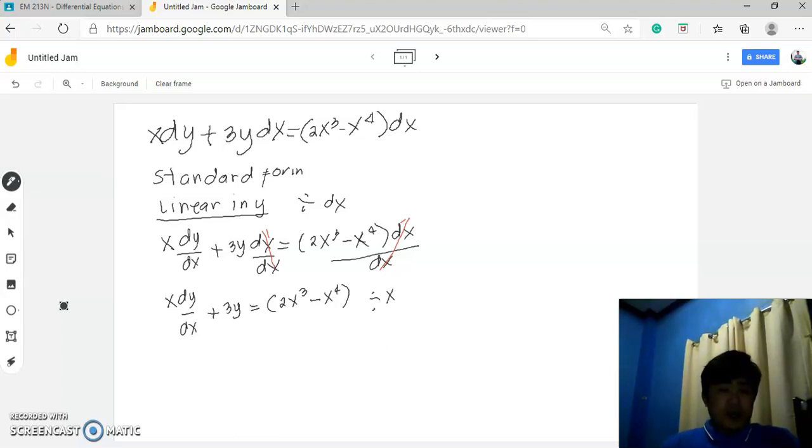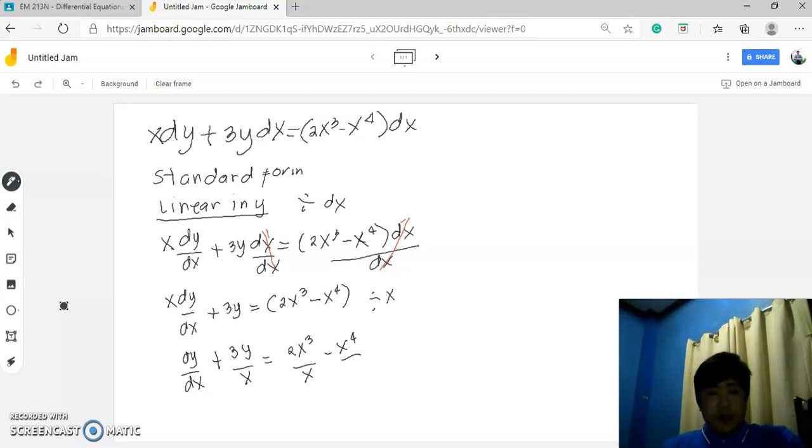So by dividing that, what will remain is dy over dx plus 3y over x is equivalent to 2x cubed divided by x minus x raised to the power 4 divided by x.